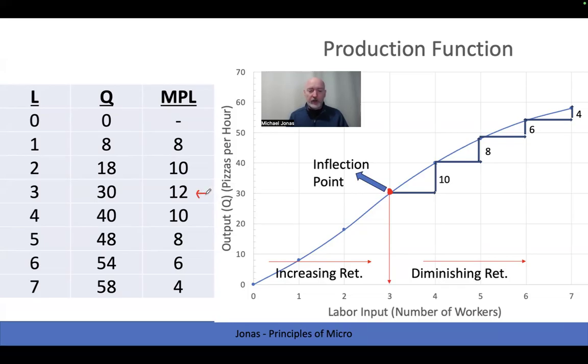When the marginal product is at its highest value, that's the inflection point, because each worker past that adds less and less. So the third worker added 12, the fourth 10, then 8, then 6, then 4. So those delta Q values for each delta L get smaller and smaller. So we get that flattening of the production function.